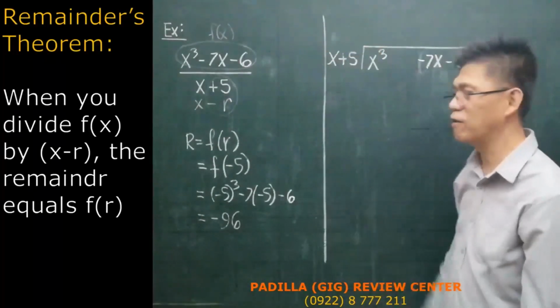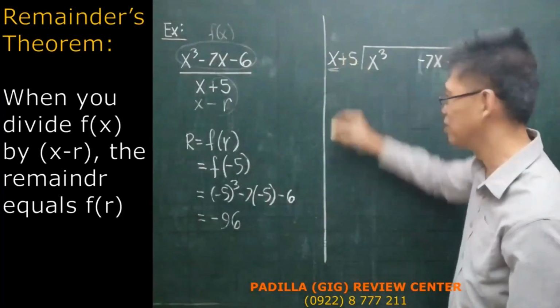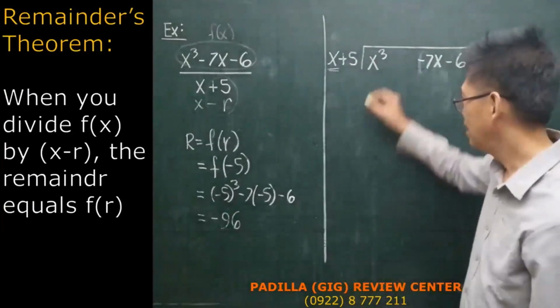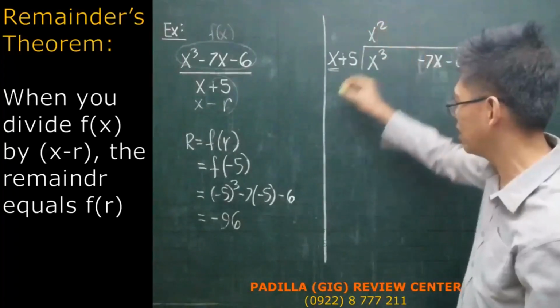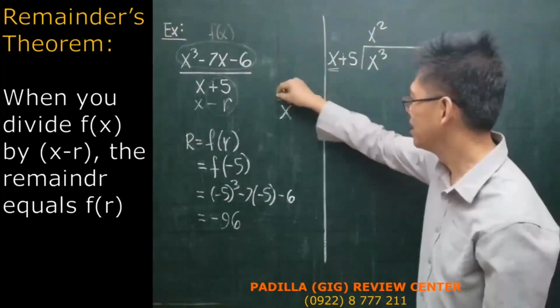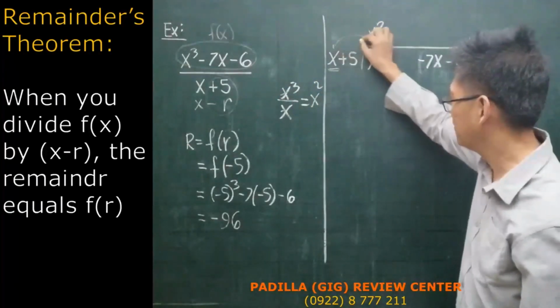In the division of polynomials, this will only be the divisor. Na? Pero, sa multiplier kasama yung 5. X cubed over x, that is x squared, right? Then you multiply.